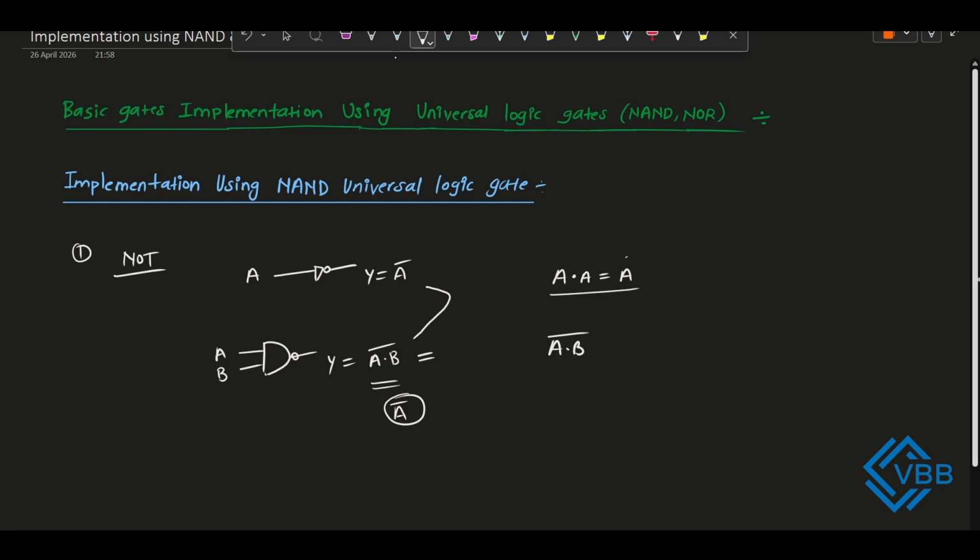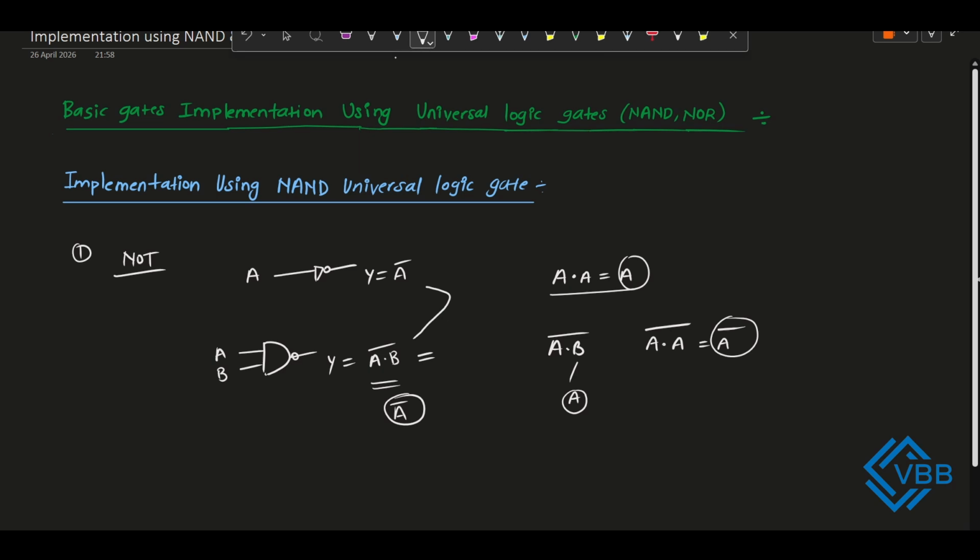I need only A as mentioned in the NOT gate expression. So if I replace this B with A, then A into A is equal to A, and the complement remains the same, so it will be A bar.